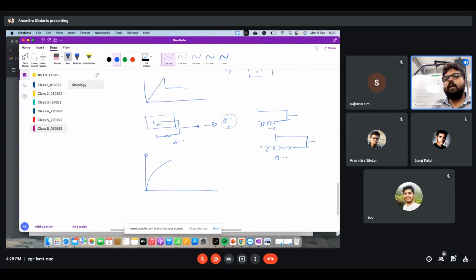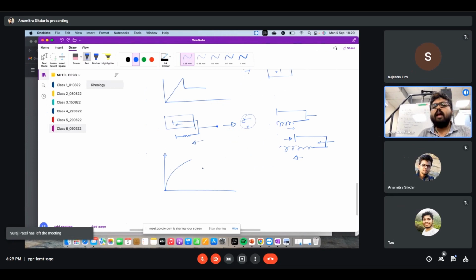With the decay part, when the spring starts to contract, it will again receive resistance in this direction. So this part is trying to go back, and there will again be some resistance here. So the relaxation or decay will again be nonlinear because of the viscosity term.